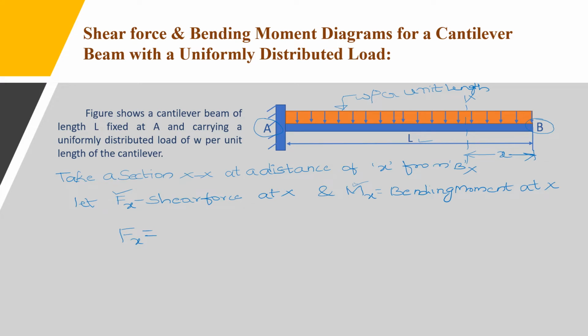The length from section XX to the free end is X, and the load is W per unit length, so W into X. So for the UDL condition, we consider the force acting on the right portion of the section as W into the length of the right portion from the XX section.